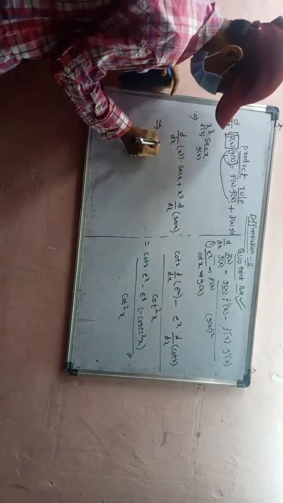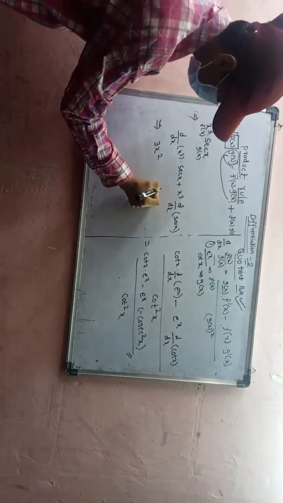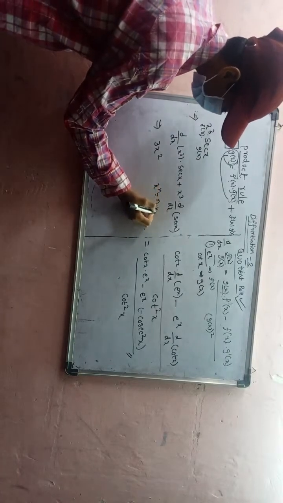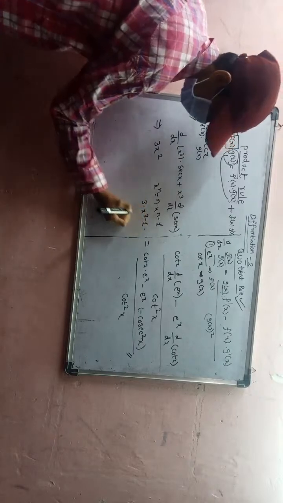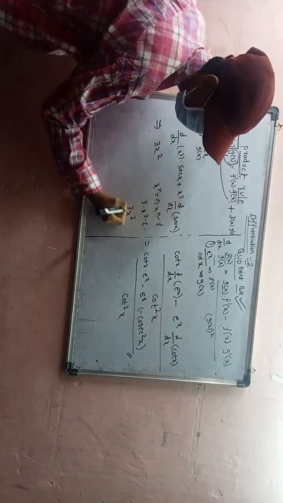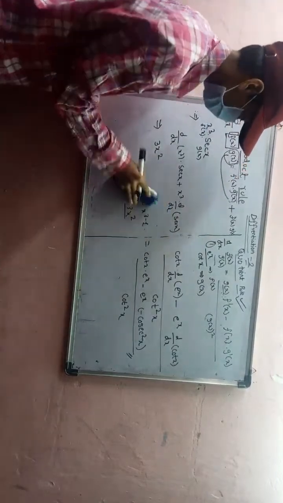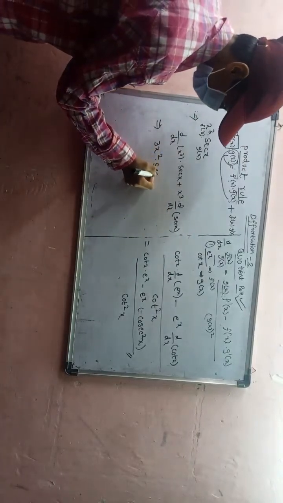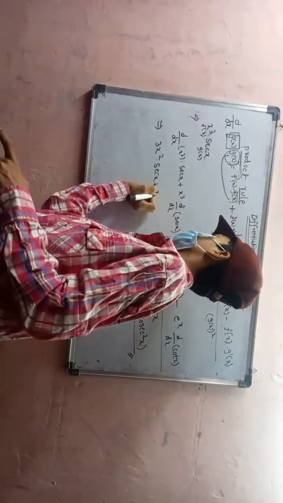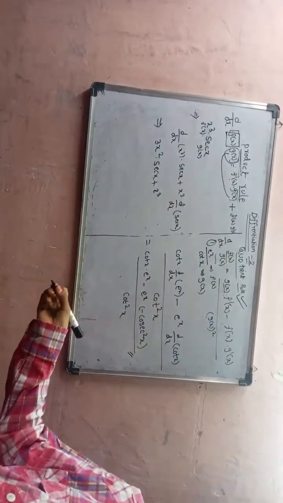Now see here: d by dx of x cube is 3x square. How will you get 3x square? The x power n formula: n into x power n minus 1. Here 3 into x power 3 minus 1, that is 3x square. So 3x square into secant x plus x cube into d by dx of secant x.